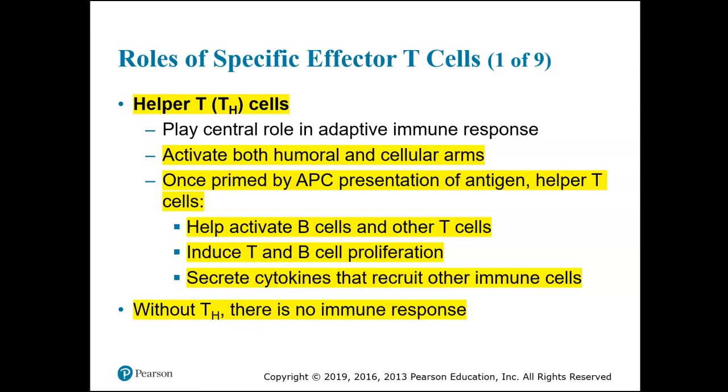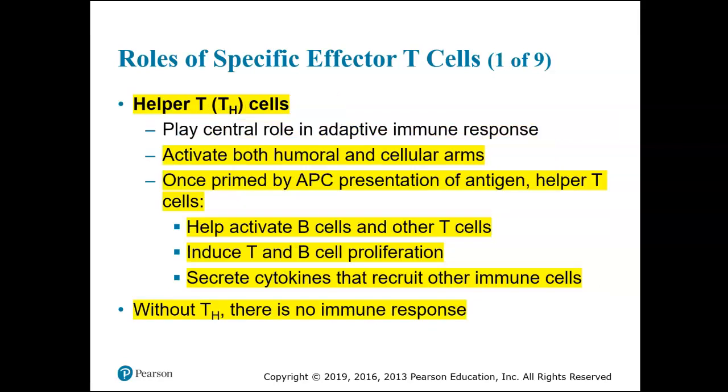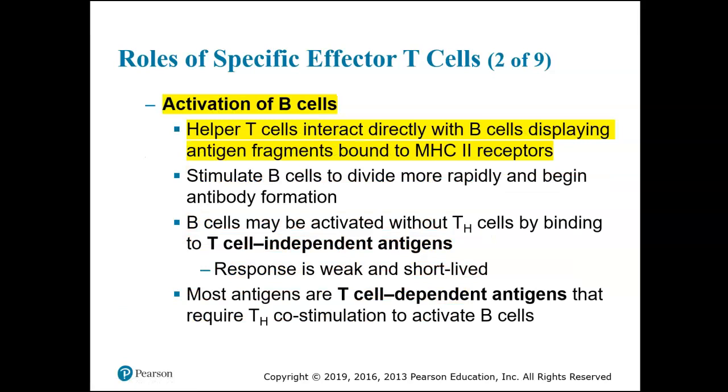Without the helper T cells, there is no immune response, and that is the reason why HIV is terrible for your immune system. It shuts your immune system down because HIV, the human immunodeficiency virus that causes AIDS, attacks helper T cells. So that's how it shuts the immune system down.